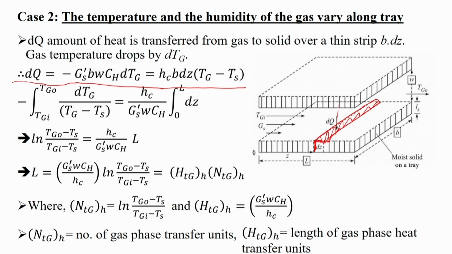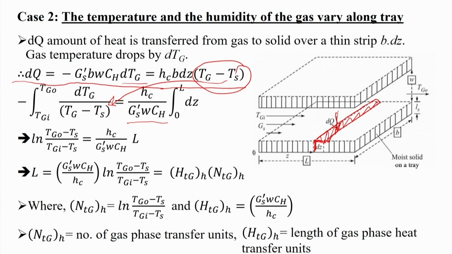We are assuming that the convection part is there, but the radiation and conduction parts are negligible. So, with manipulation, dTg by Tg minus Ts will be Hc by Gs' into W into Ch into dz.